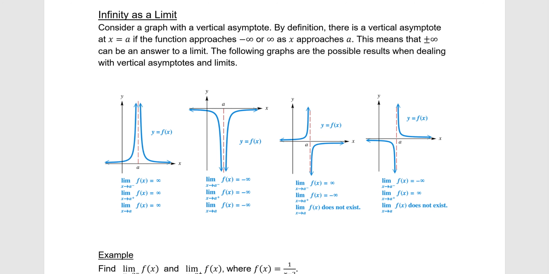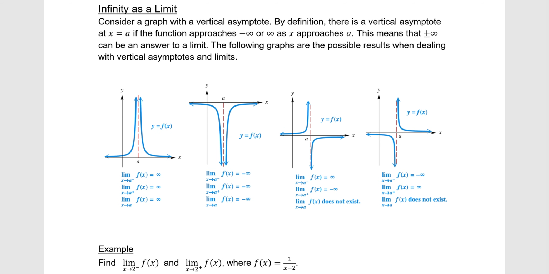So these four graphs that are on here are the four main things that can happen at a vertical asymptote from the left and from the right. Let's take a look at this first one on the left. From the left and from the right, as x approaches a, the function values are going towards infinity. It is blowing up.